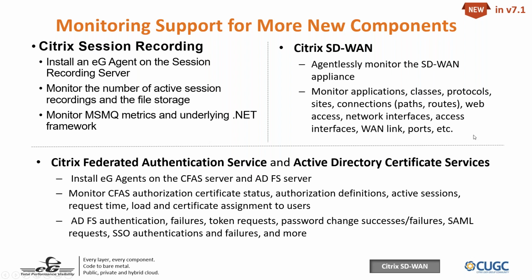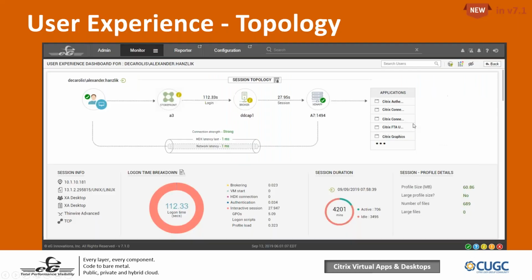My favorite thing that we've added is the topology view. If you look at the screen, this is something you won't see in any of your current Citrix tools for sure. You have a user flow. This user is on the left and they're trying to get to their applications on the right.